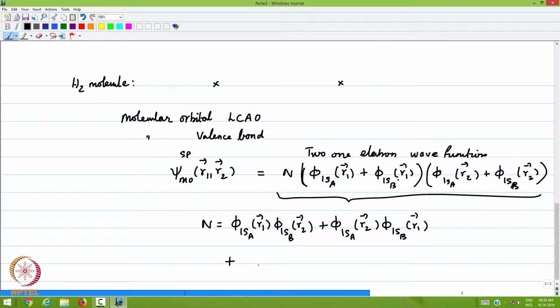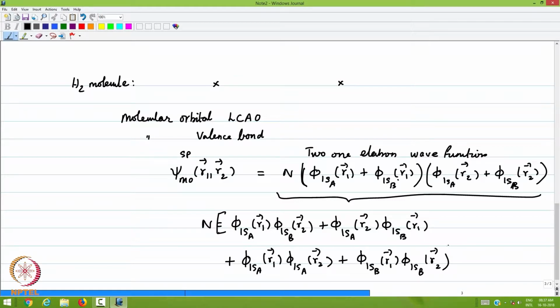But then there are also two other terms, which are phi 1s A of R1 times phi 1s A of R2. Essentially, this corresponds to the likelihood of the two electrons being in the same atom, or associated with the same nucleus, the nucleus here being A. And likewise, phi 1s B of R1 times phi 1s B of R2, which is now that the two electrons are associated with the other nucleus.